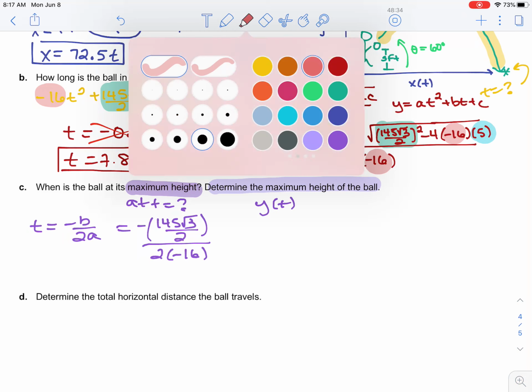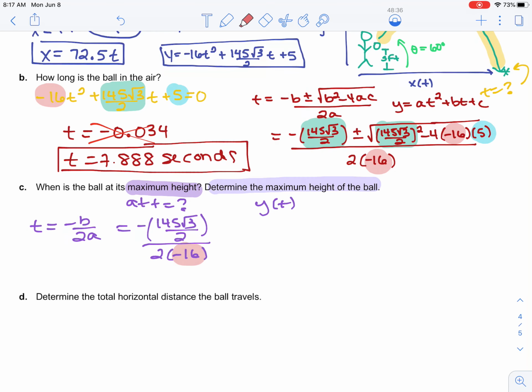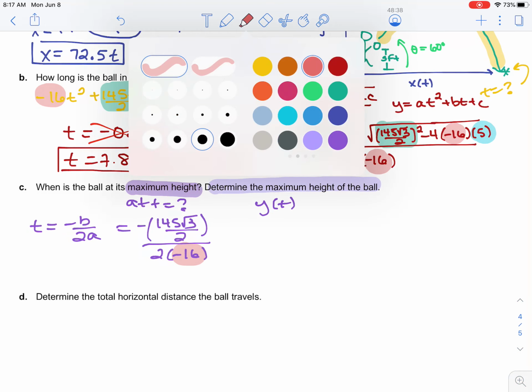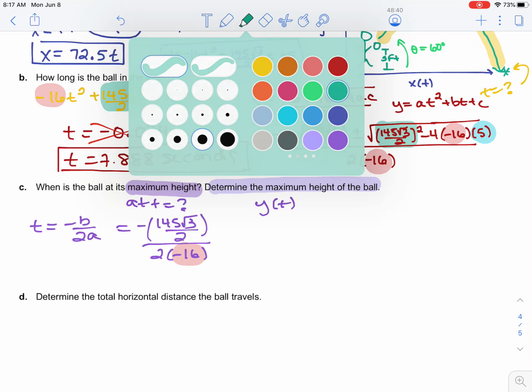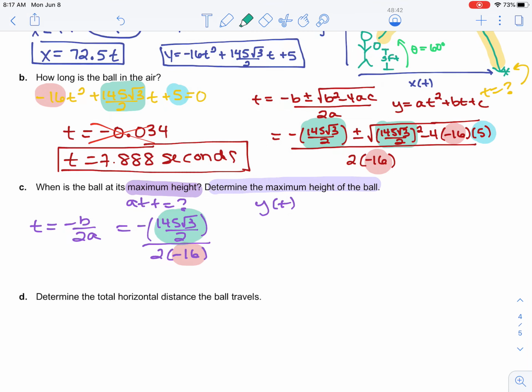So again, we're just picking off these values from our vertical distance equation, our parametric equation for y. Okay, so this will give us that the vertex is happening at about 3.924 seconds. Okay, so that's when we hit the highest point.